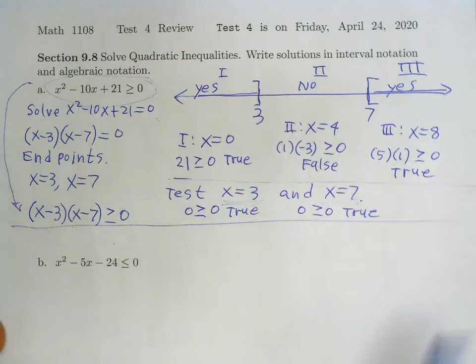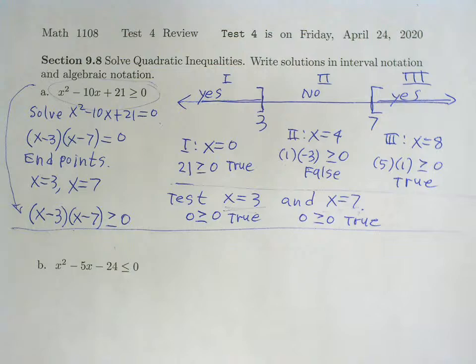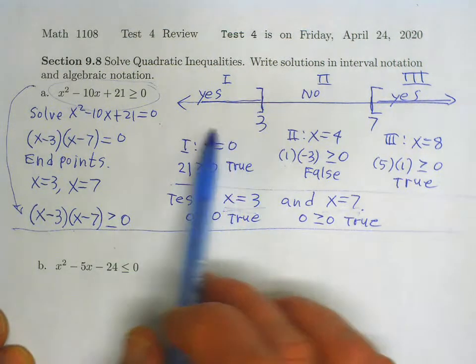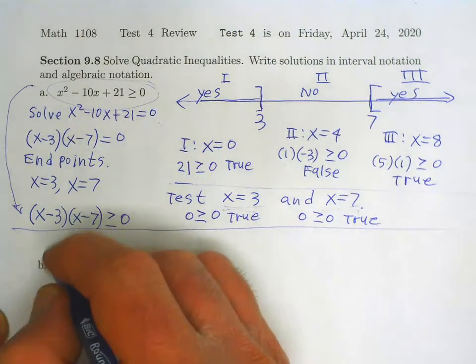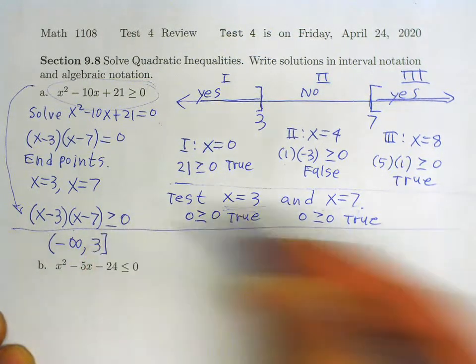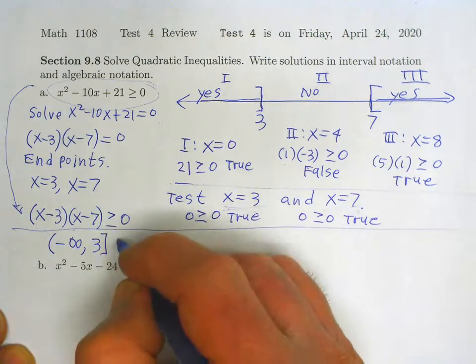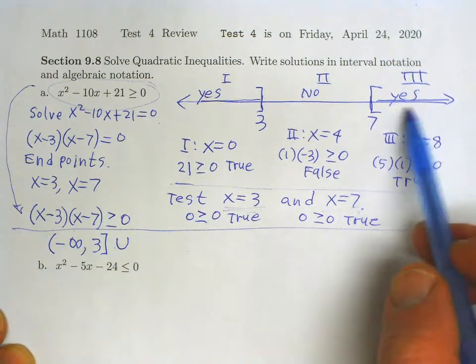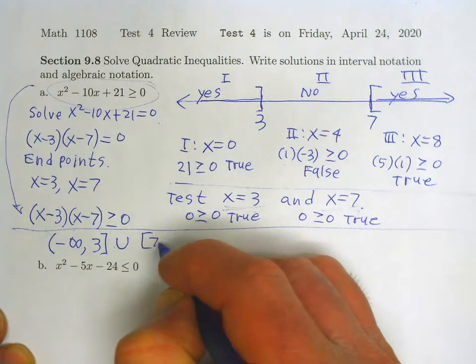And then write the interval notation and the algebraic notation. The interval notation for this part of the number line is parenthesis negative infinity, comma 3 bracket. And then we put the union symbol. The other part of the solution is bracket 7 comma infinity.